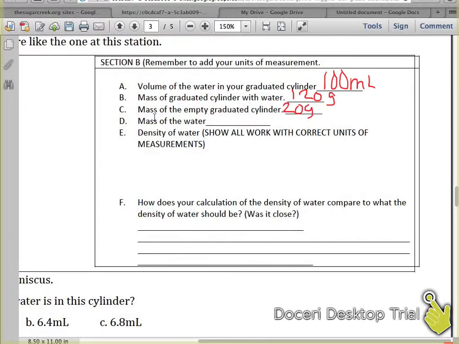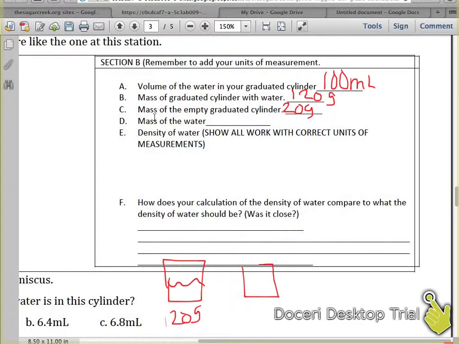Now we needed to find the mass of the water. How in the world could we have found the mass of the water, Jenny? You subtract the mass of the graduated cylinder with water and the mass of the empty graduated cylinder. So we started off by having the graduated cylinder with the water. That equaled 120 grams.